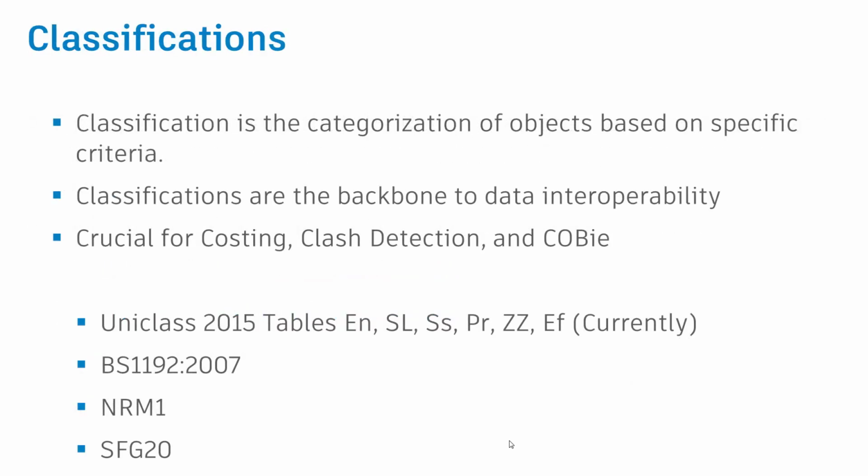So classifications, a lot of people are using classifications more and more now on projects: NRM1, Uniclass, a whole bunch of Uniclass codes, BS 1192, and certainly in the latter stages for FM and handover, SFG20.